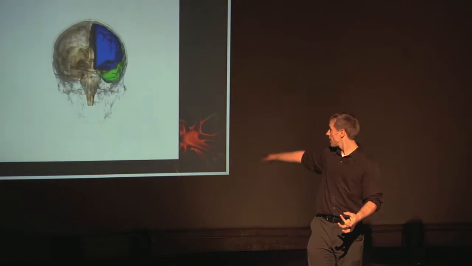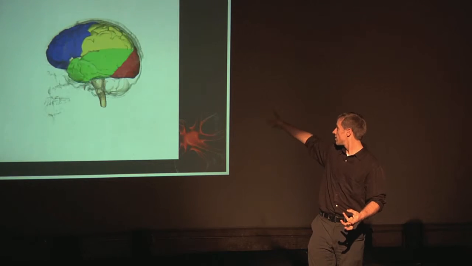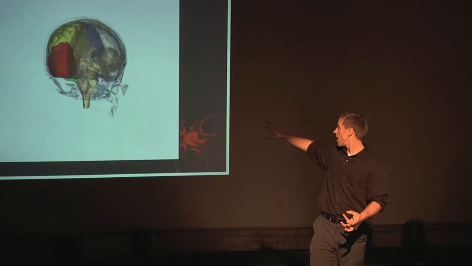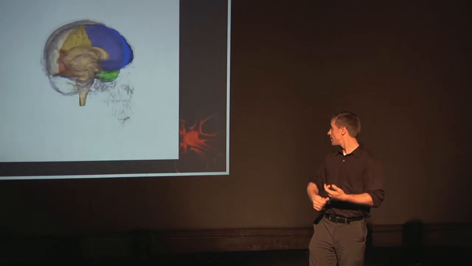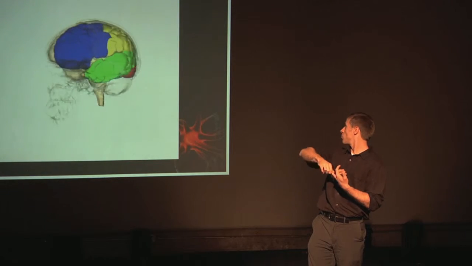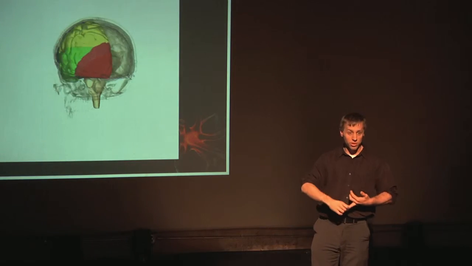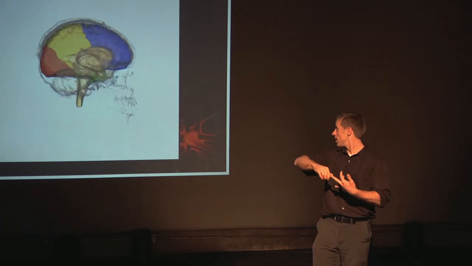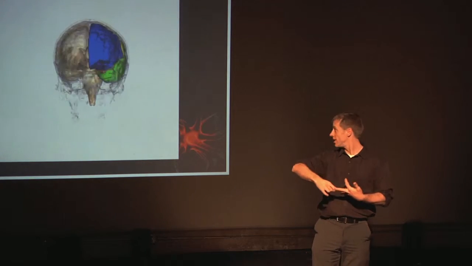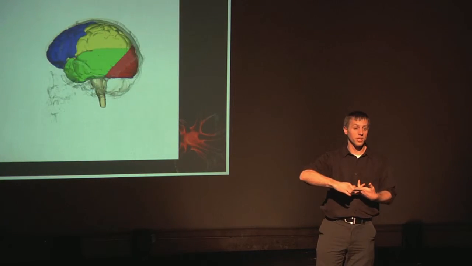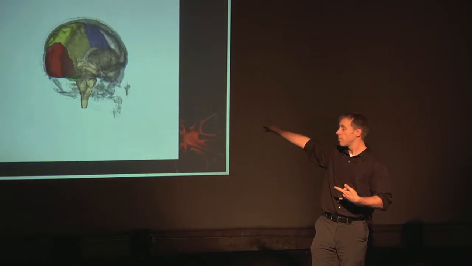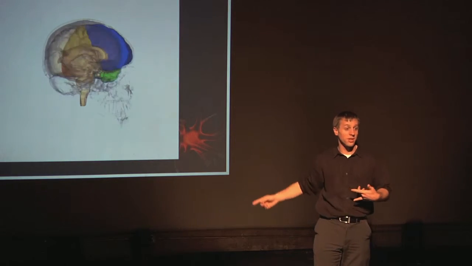So like I said, this is a brain, and you can see the different parts of the brain are highlighted. These are the 4 lobes of the brain. Occipital is in red, the temporal lobe is in green, the parietal lobe is in yellow, and the frontal lobe is in blue. What we've been mostly working with is the one in green there, the temporal lobe.